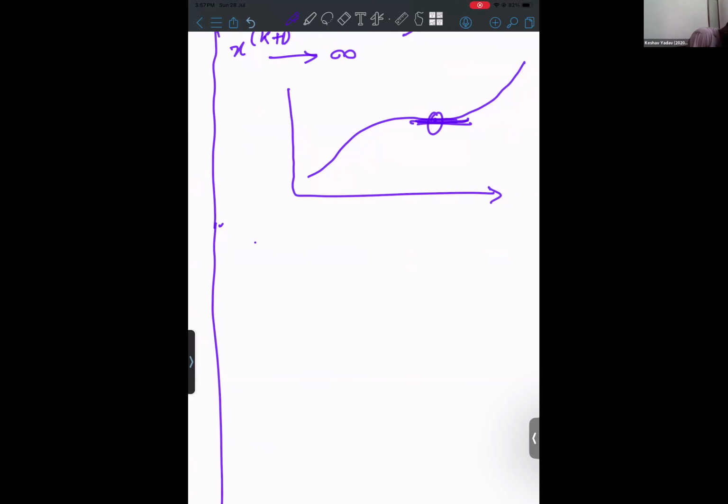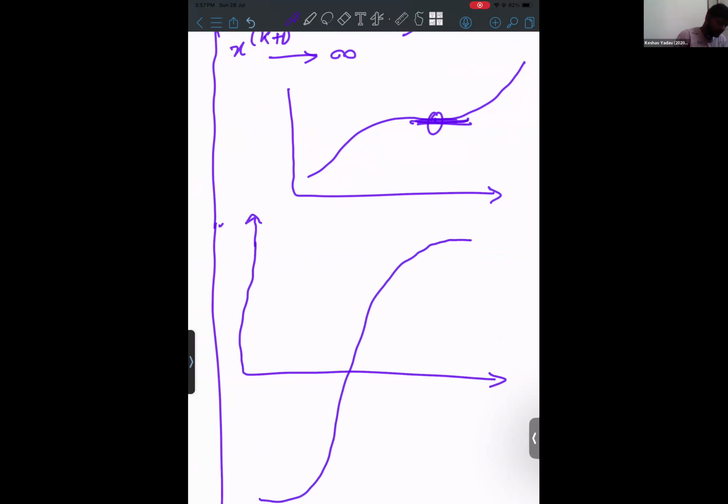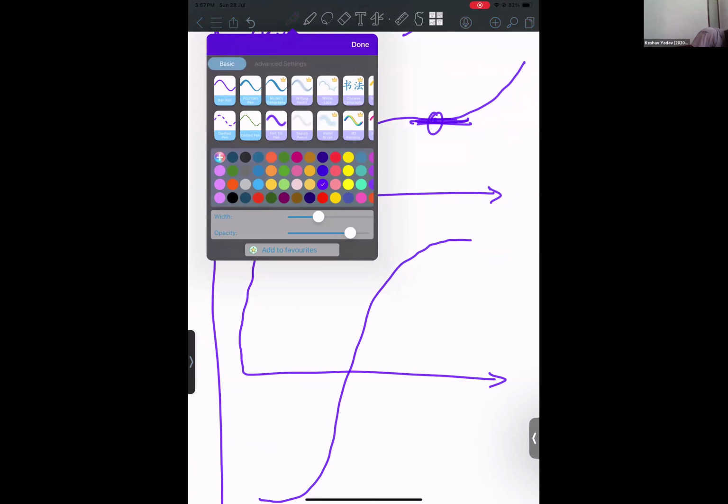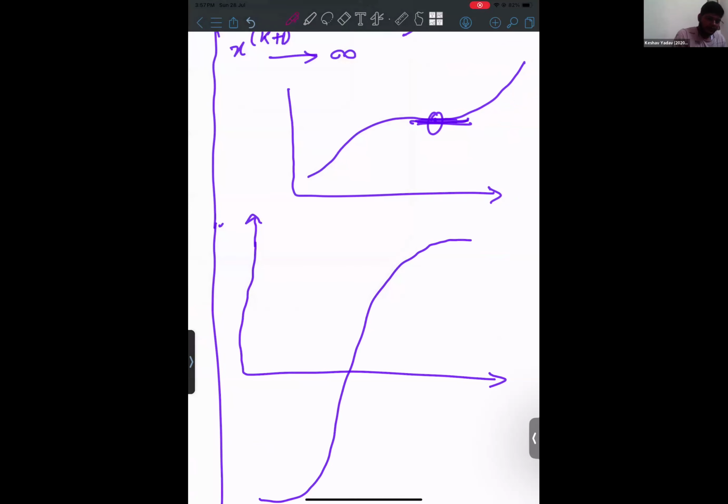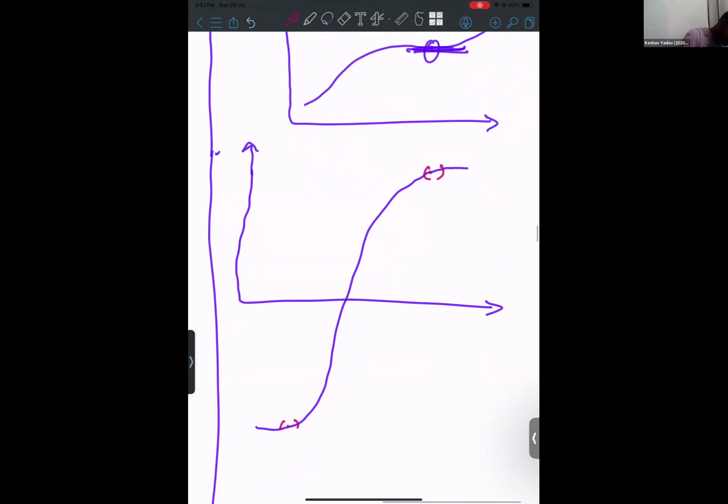And you can assume a second function also that sir has shown in the class. Suppose there is some kind of function like that. So your initial guess is somewhere here and somewhere here. This is your x1 at 0th iteration. This is x2 at 0th iteration.